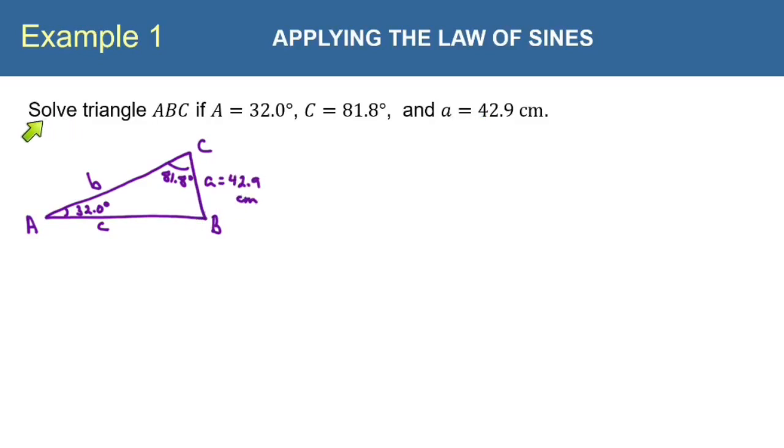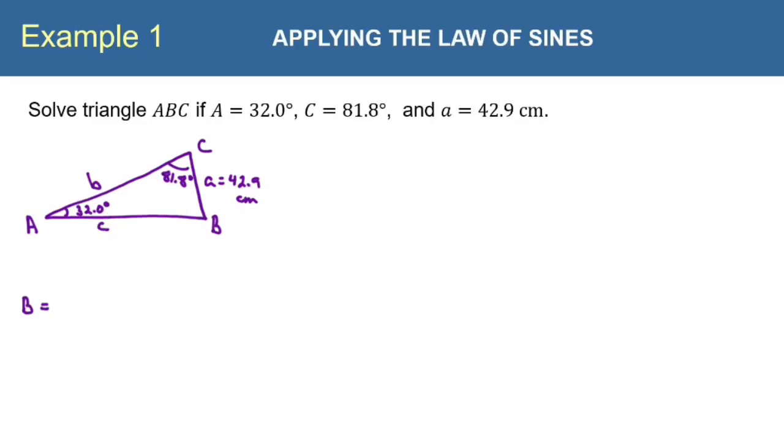Now, when it says solve the triangle, you remember it means find all the unknown values. So by the time you're finished, you should have a value for every angle and a value for every side. The easiest unknown value to find here would be angle B, and we can do that by just subtracting the two known angles from 180, because we know that the interior angles of a triangle always add up to 180.